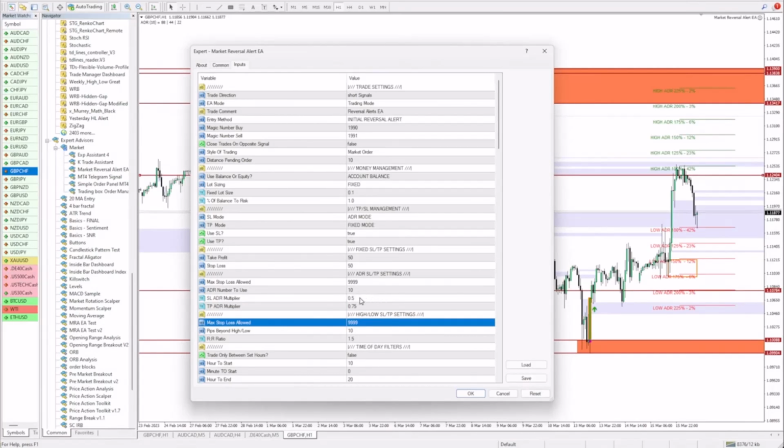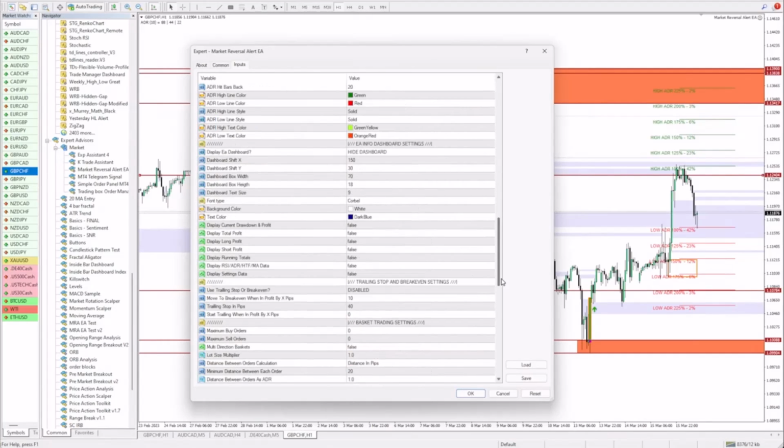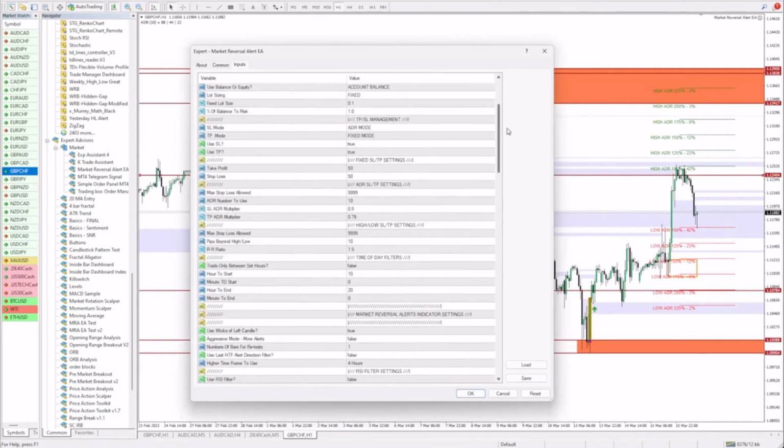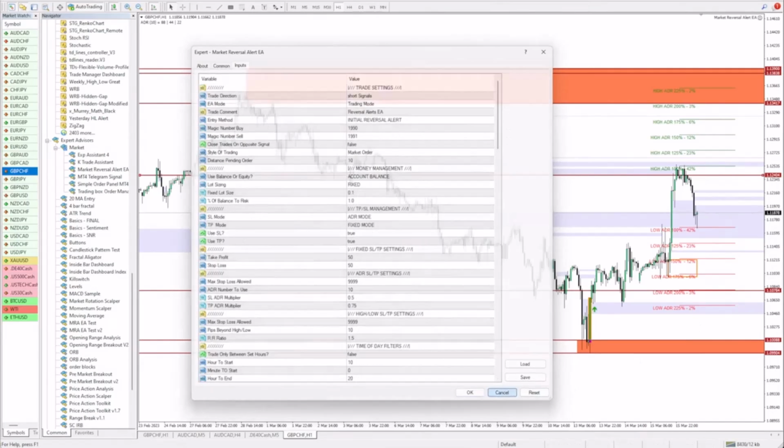So what I do is I let it get me in with half an ADR, and I set it to alert me as well. In the alert settings, I set the pop-up alerts to true, and I say alert me on an entry. So I get a ping over on my other monitor which says you're in a trade. So this will get me into the trade.